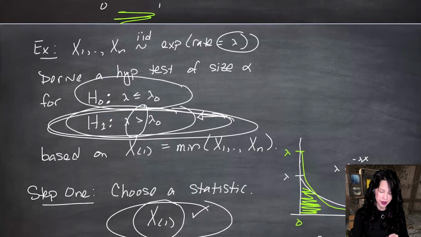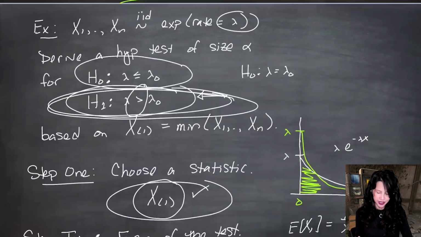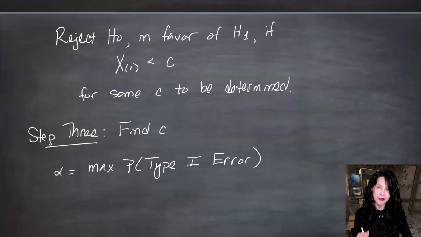If your null hypothesis looked like lambda equals lambda naught, then you are taking a maximum over all the lambdas in the null hypothesis, which is looking at a function of lambda, and instead of maximizing it over some region, you're maximizing it over a single point. And there's only one point there, and that is the maximum and the minimum. And so we didn't actually change the definition. This max definition will work across the board, even if you have simple hypotheses.